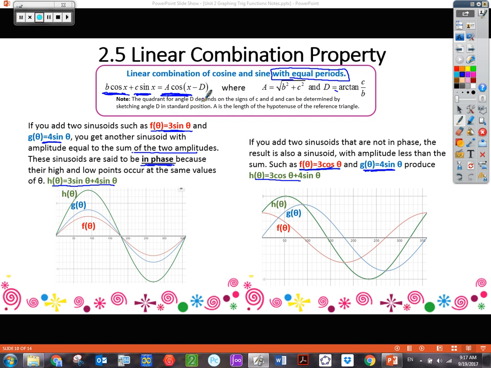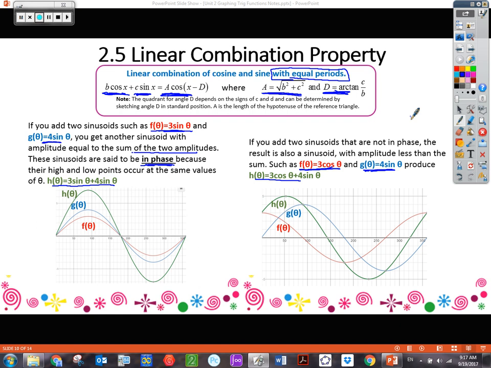How does that work? So a is simply the square root of b squared plus c squared. That's all it is. It's like the hypotenuse of the triangle. And we're going to look at it more specifically. So a, pretty straightforward, just the hypotenuse of the triangle. To find d, the angle measure, we have to do arctangent of c over b. It has to be c over b, not b over c.